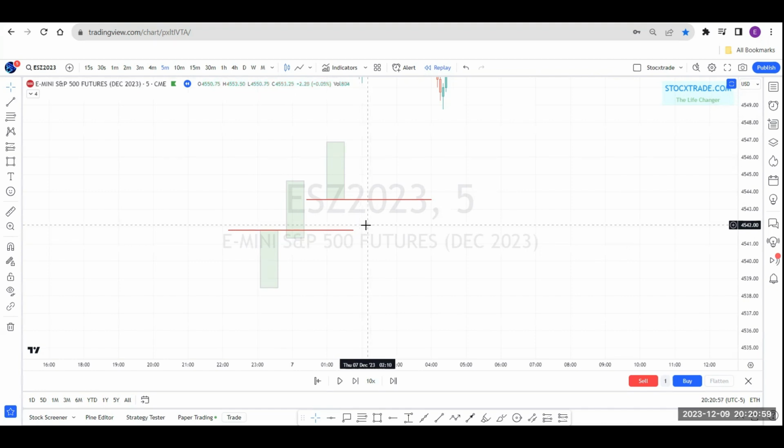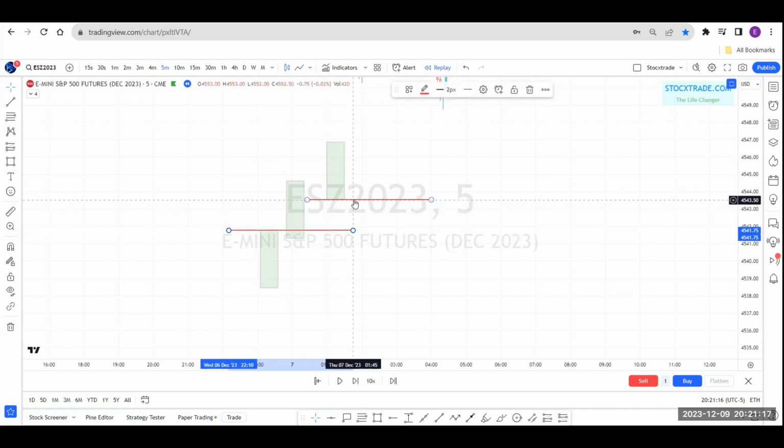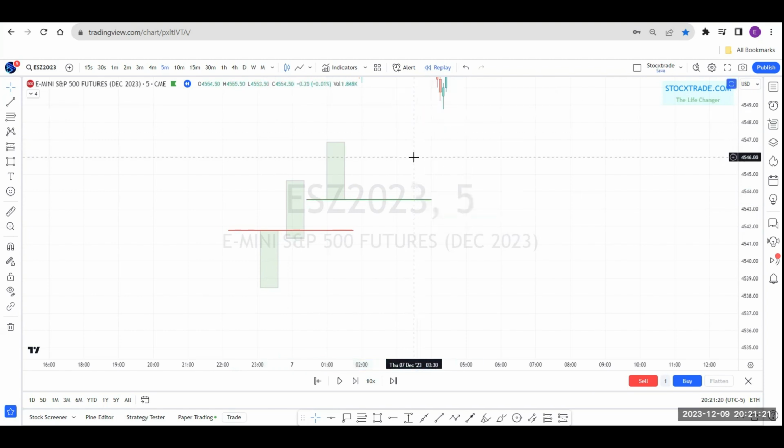So what is a fair value gap? Suppose you have three bullish candles. This is the opening of the candle, the bottom, and I'm not going with the wick, just the body. This is the closing of the first candle, the red line, and this is the opening of the third candle.